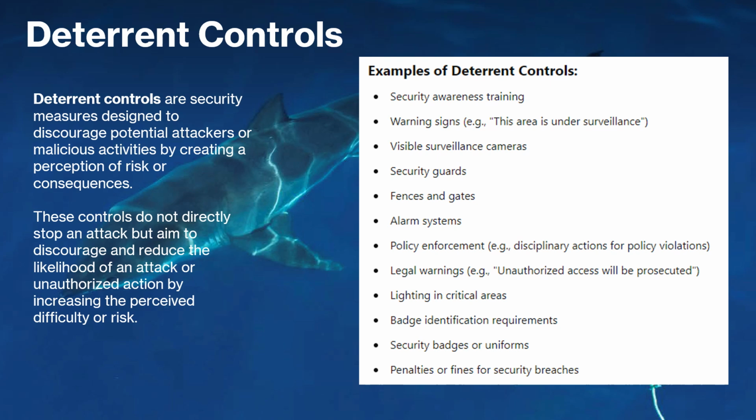Like if there is a sign, for example, that says unauthorized access will be prosecuted, lighting in critical areas, badge identification requirements, security badges or uniforms, and penalties or fines for security breaches.